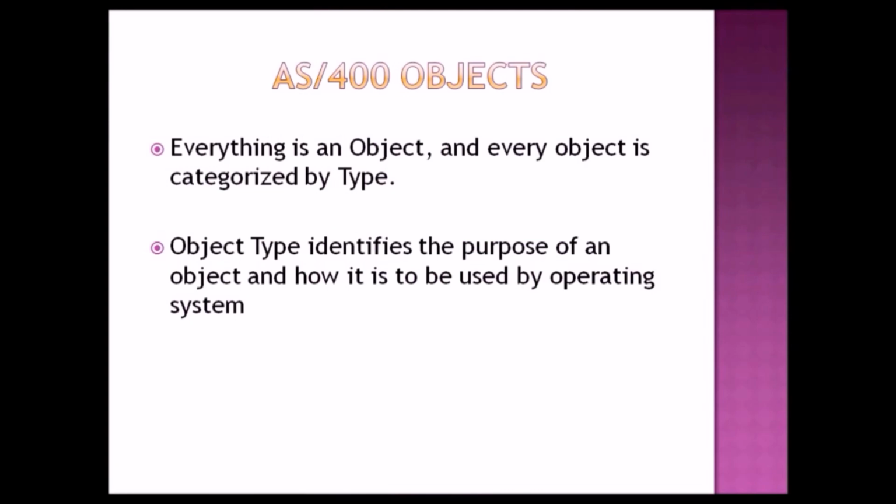Okay, so what exactly is an object? What comes to your mind when you hear this first? It is a named entity that occupies space in memory and upon which an operating system can perform some sort of actions.